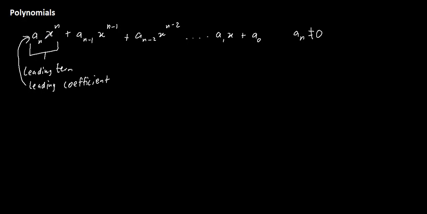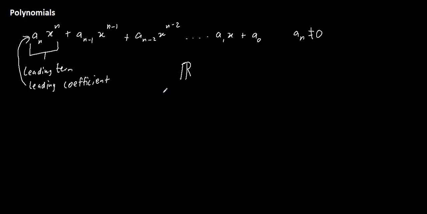Anyway, if all the coefficients are real numbers, the polynomial is said to be defined over the field of real numbers, and it's denoted by R, with the two lines, the weird R symbol, which says it's part of the set of all real numbers.